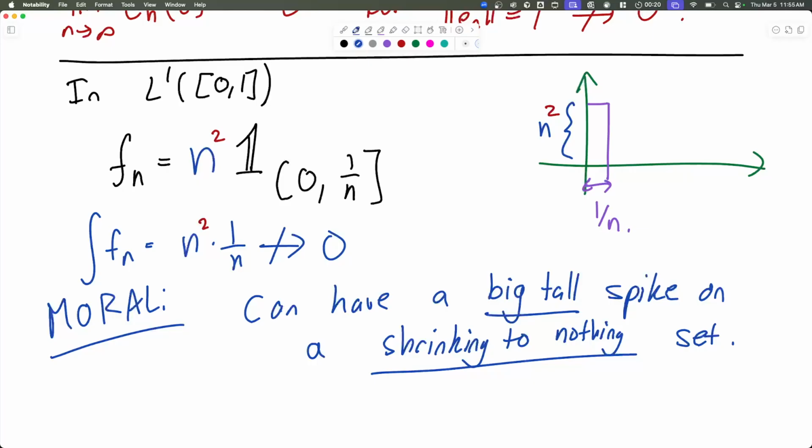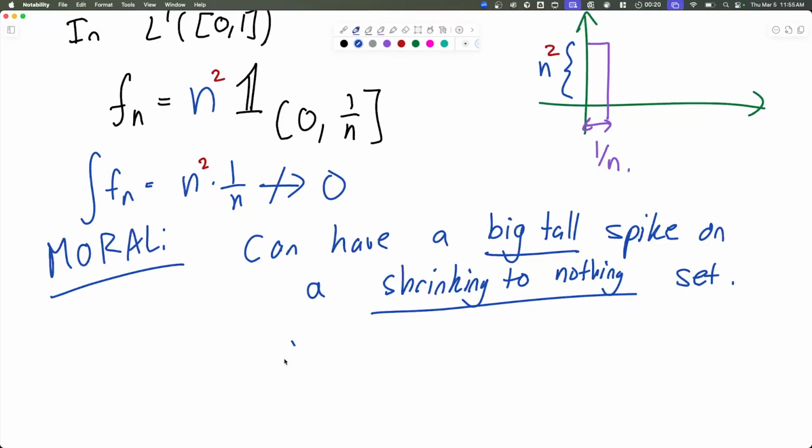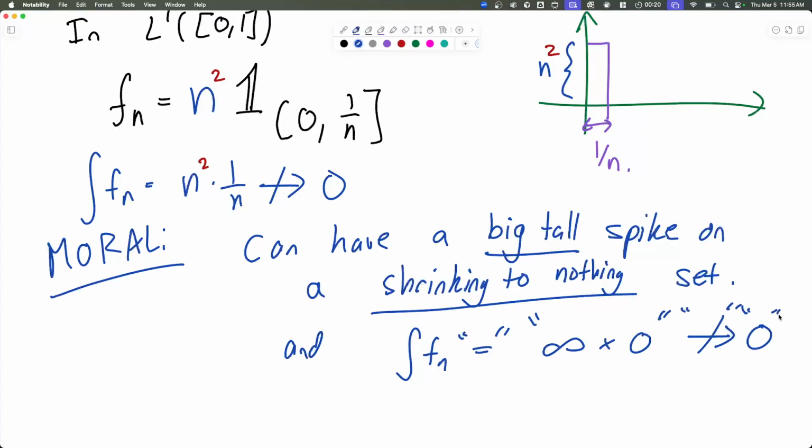And it can work out that the infinity is bigger than the 0. And the integral of fn will be, okay, I'm going to put this in quotes, don't tell the math, please, "infinity times 0," which is not going to 0. We can put it in quotes so you don't get arrested. Okay, there we go. All right, so this is the moral of the story. That's one way. Are there questions or comments about this example?